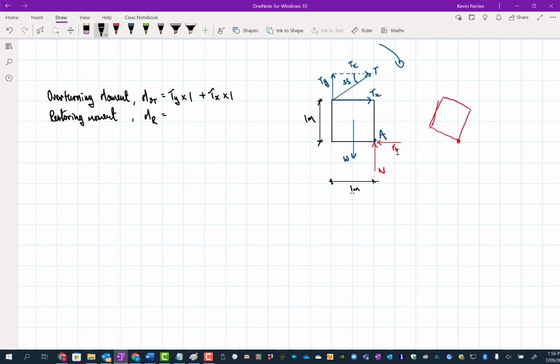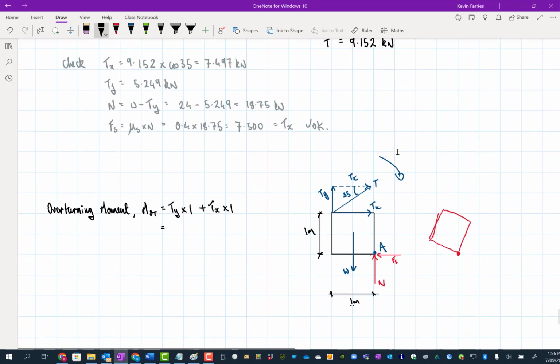MR is just going to be the weight times, well, just before I go on to this, sorry, we should work through what this actually means.